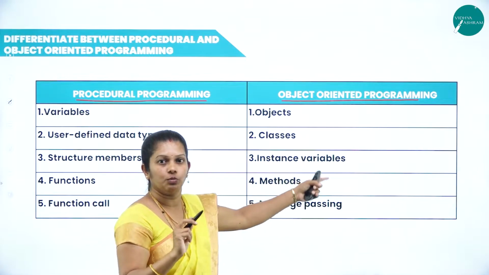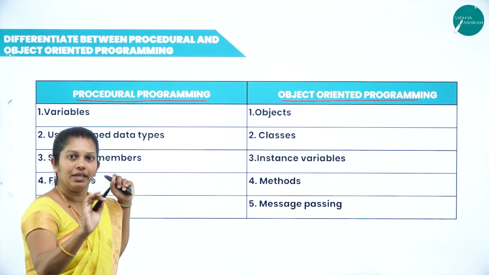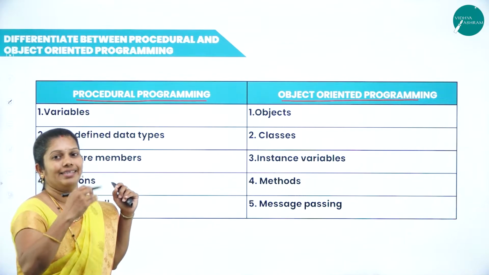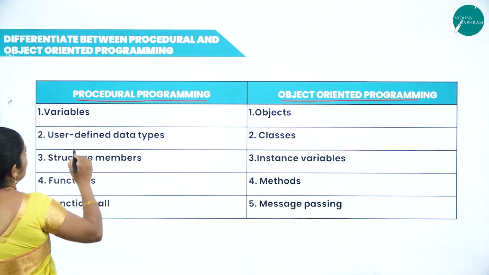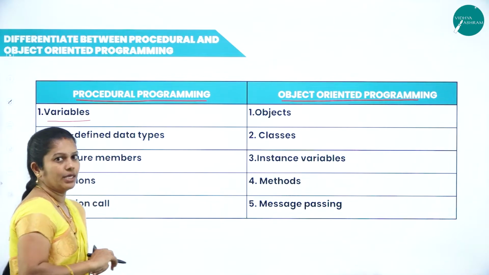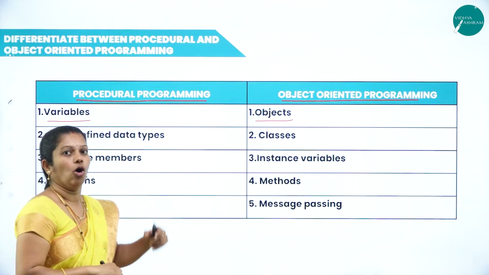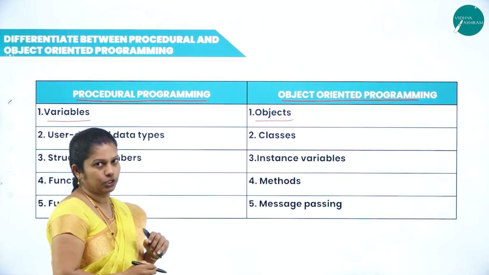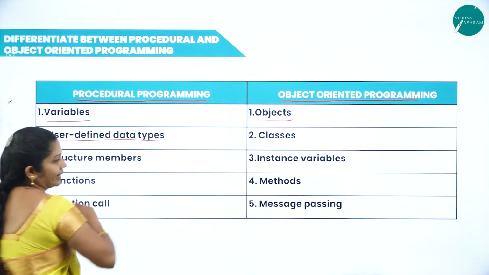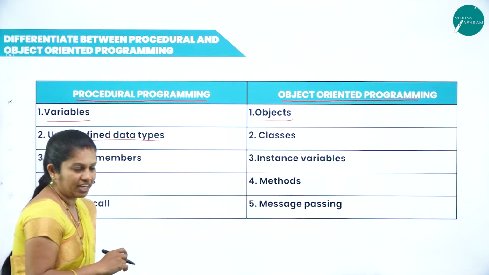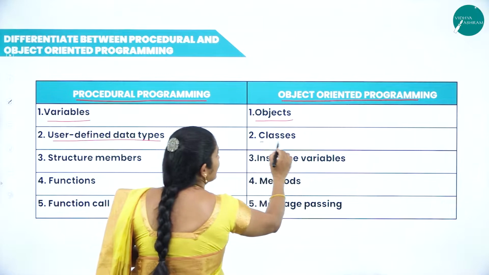Object-oriented mainly concentrates on object, whereas procedural mainly concentrates on procedure rather than data. In procedural, we have variables, whereas in object-oriented, we mainly have objects. We have user-defined data types in both, but here we call them classes.